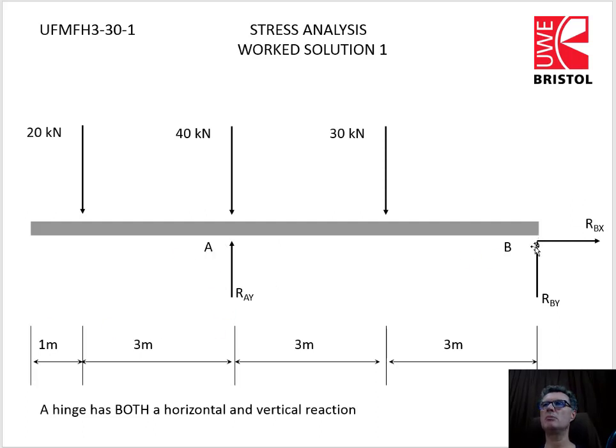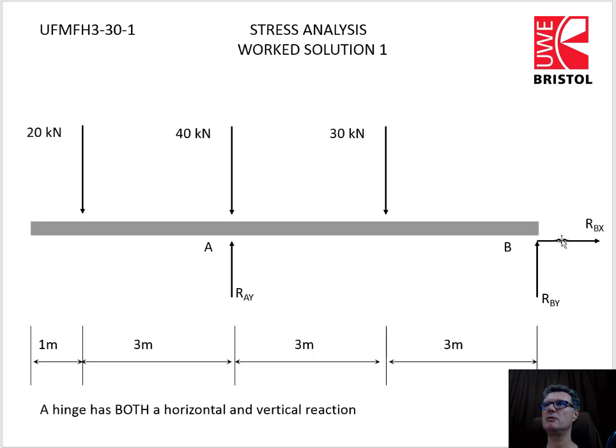The next thing is to take moments. I should have shown you that, because we need to think about where we're going to take moments. We could take moments at point A, or at point B. Generally speaking, you'll want to take moments at the hinge. What's the advantage of that? Remember that a moment is a force times distance.